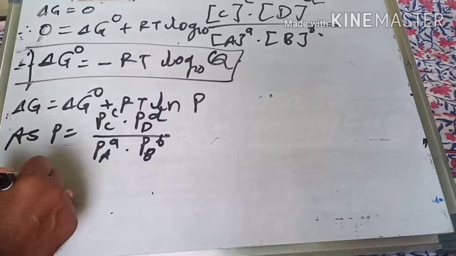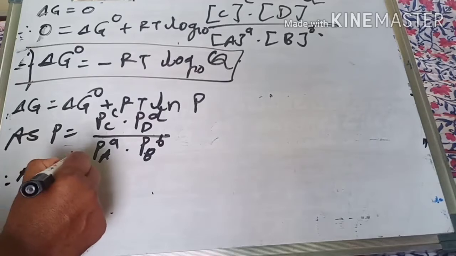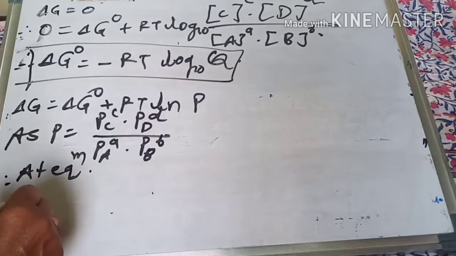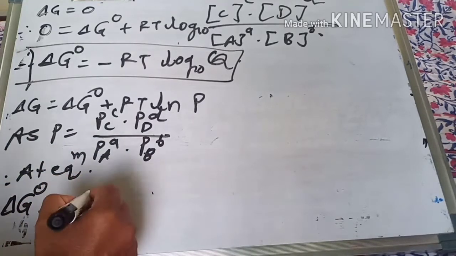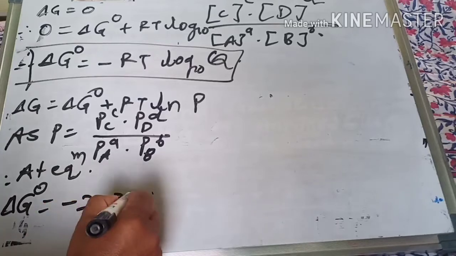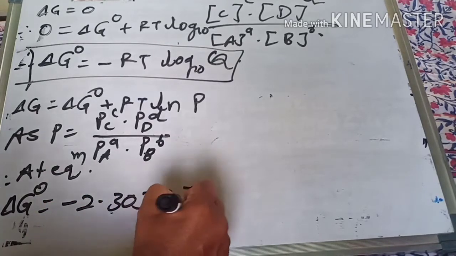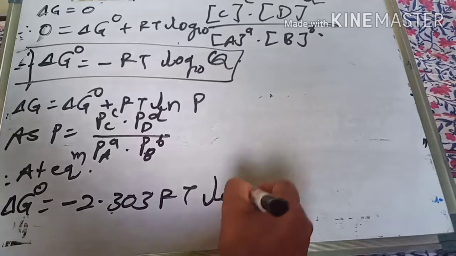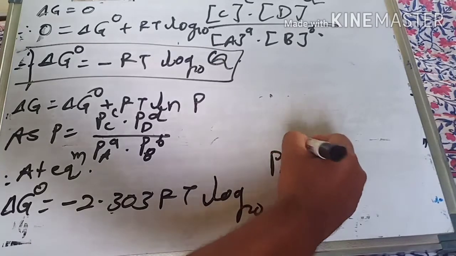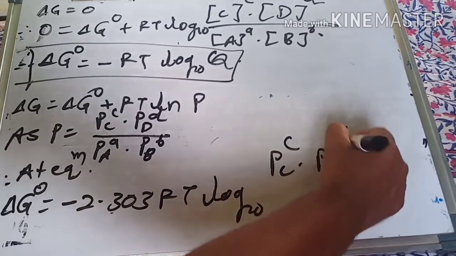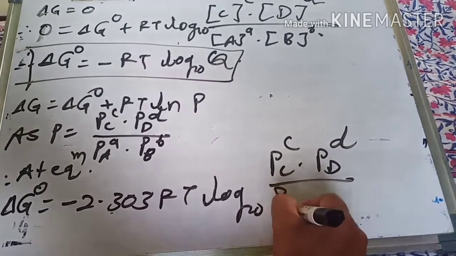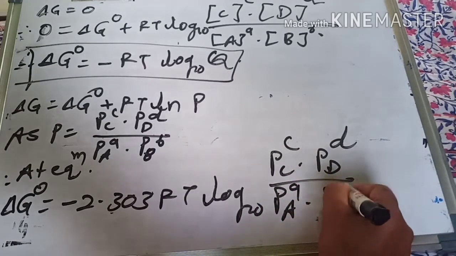Therefore, at equilibrium, delta G0 is equal to minus 2.303 RT log to the base 10 of PC raised to c into PD raised to d upon PA raised to a into PB raised to b.